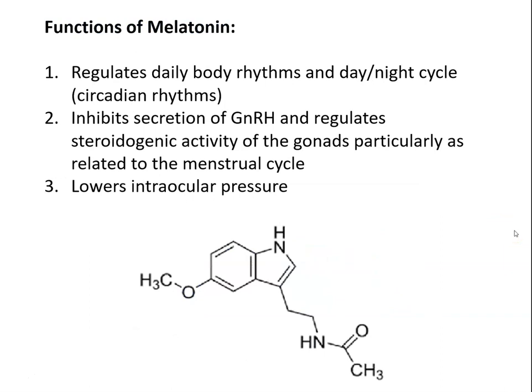As I said before, it regulates the body rhythms, day and night cycles. It also inhibits secretion of gonadotropin releasing hormone, and thereby regulates the production of steroid hormones in the gonads, particularly as related to the menstrual cycle. And it has lately been found to lower intraocular pressure.